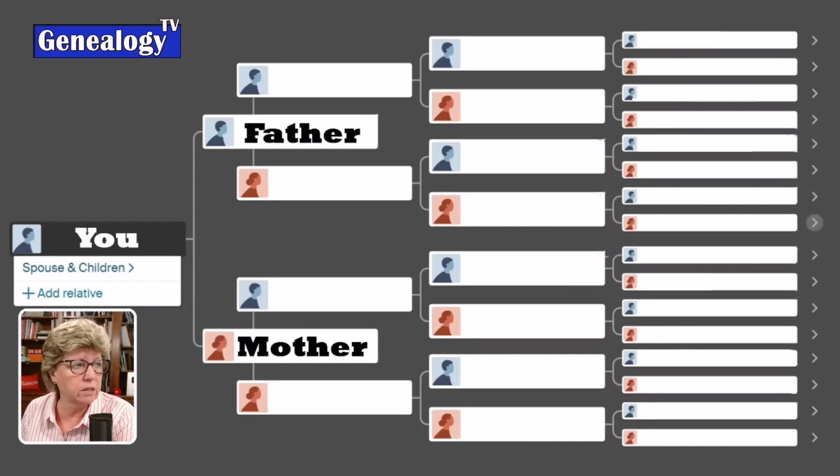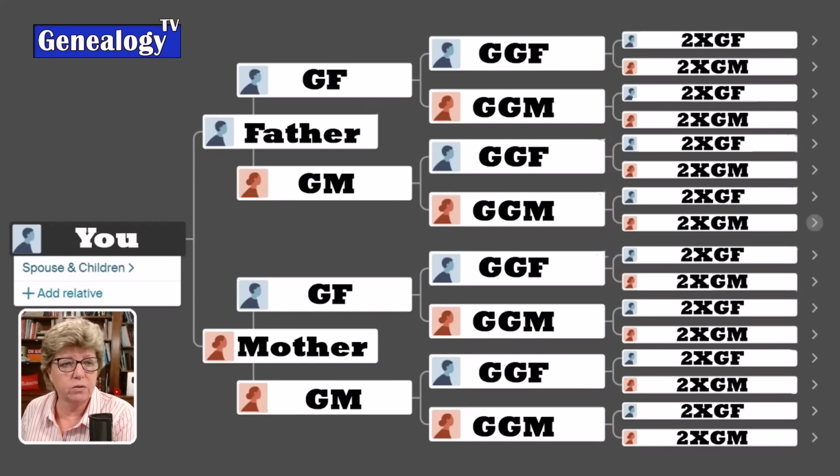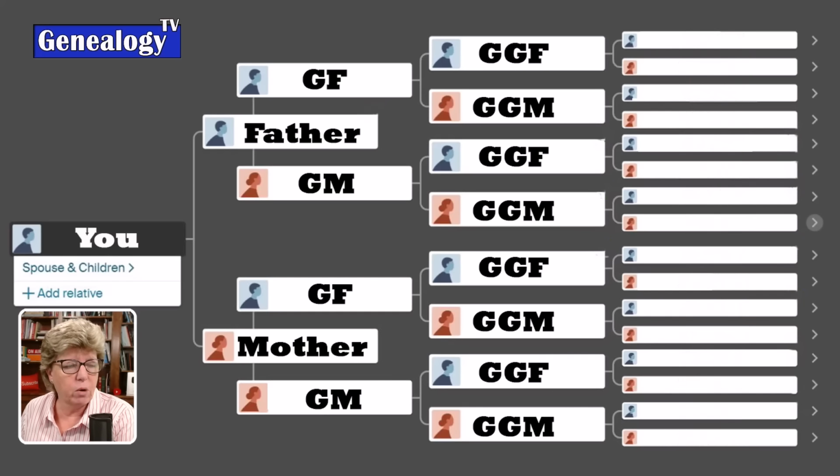So let's take a look at this. Here are your parents, here are your grandparents, here are your great-grandparents, and your 2 times great-grandparents, and so on, right? Well, let's take a step backwards for a moment and focus on the great-grandparents. Now, it is a very popular strategy to group your DNA cousins into the 4 branches of your family tree that represent your grandparents.